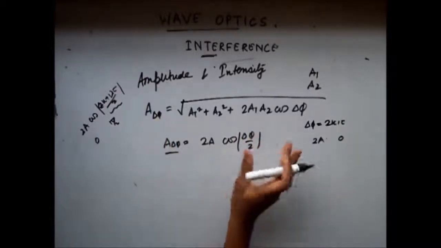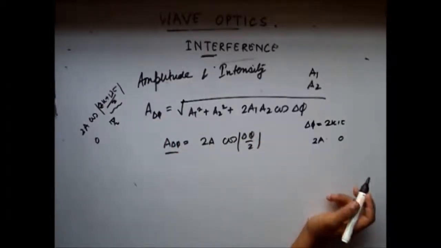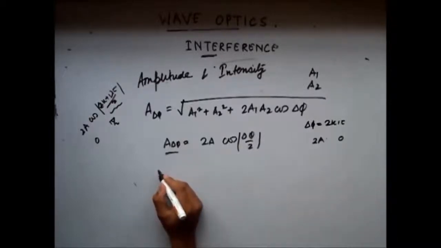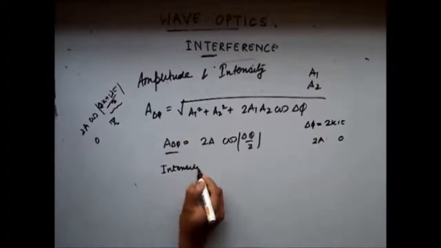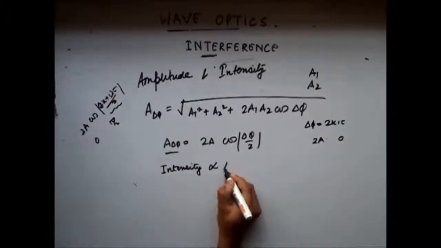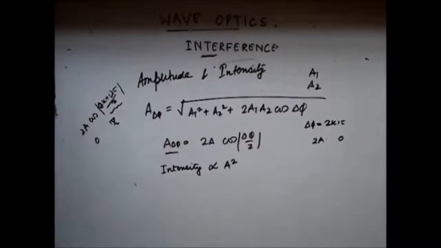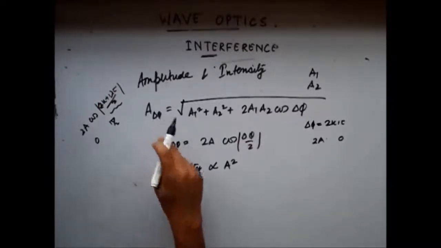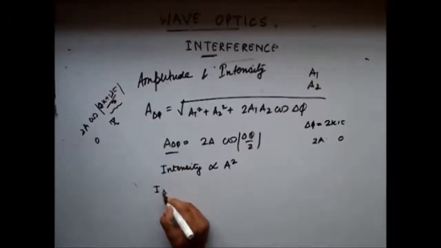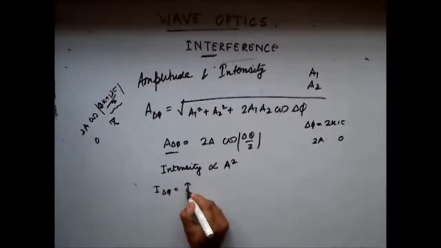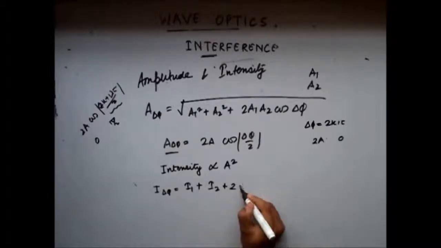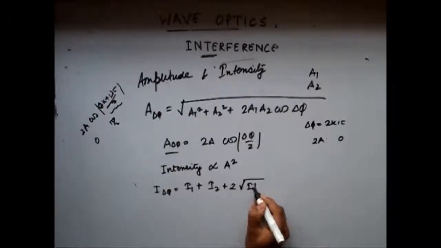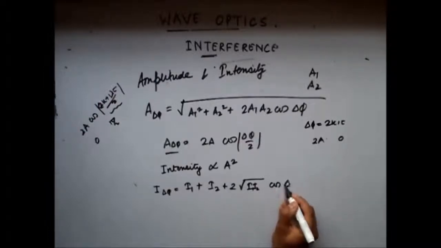Now, what is the resultant intensity at a given point when we know the phase difference? You know that intensity is proportional to amplitude square. So if I square this, the resultant intensity is I1 plus I2 plus 2 times root of I1 I2 cos del phi.